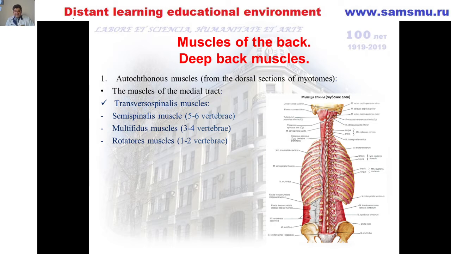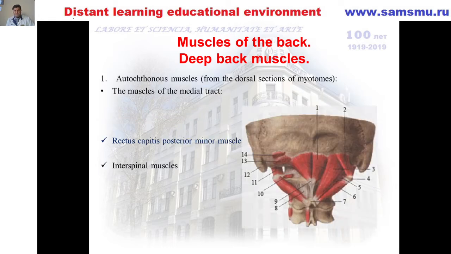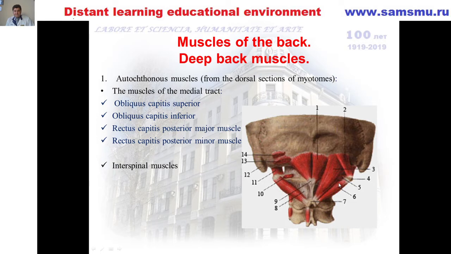The oblique muscles differ from one another in location and are divided into the superior and inferior muscle. So on this picture you may see superior, this one, and inferior oblique muscles.